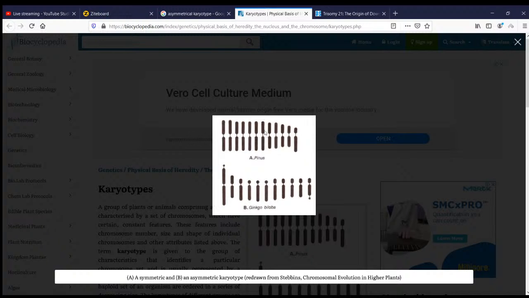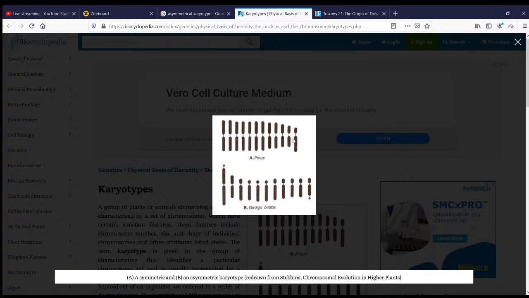And the difference is also quite less. There is an absence of large difference between the smallest and largest chromosome. Smallest is this one, largest is this one, so there is not a huge difference. Second point, Pinus has a lot of metacentric chromosomes, with both arms almost equal.